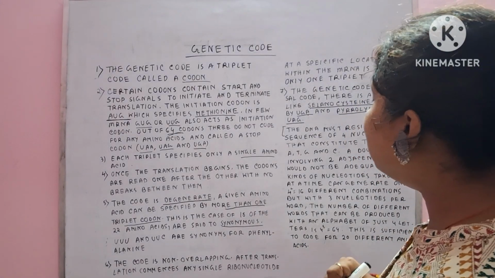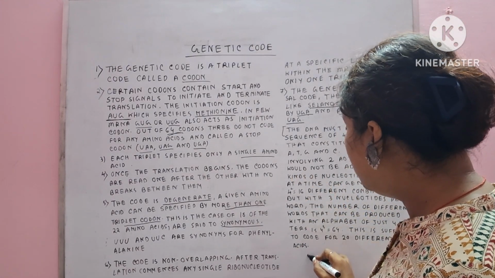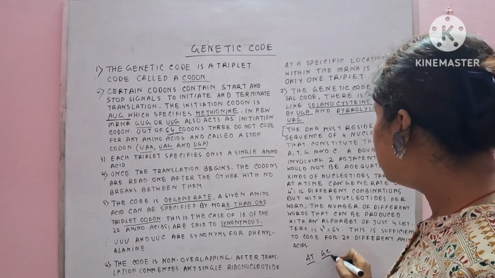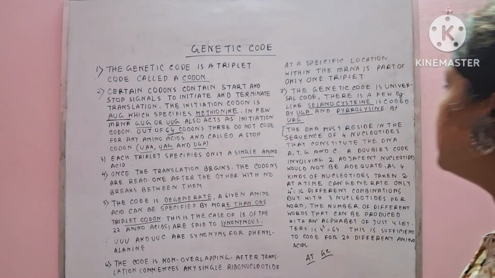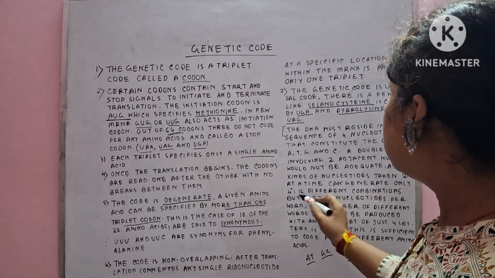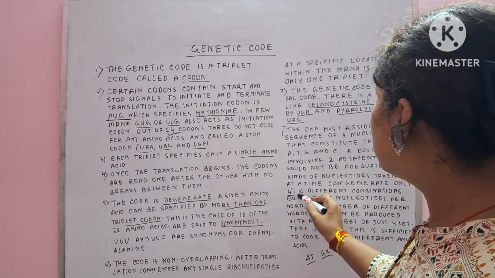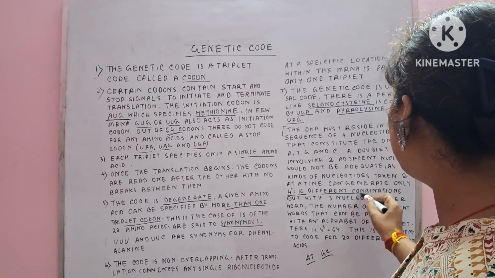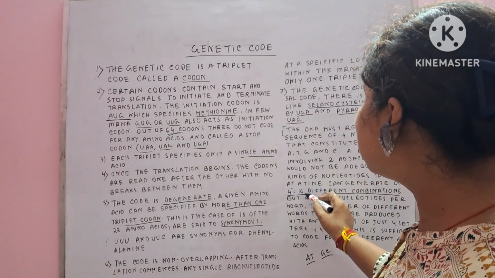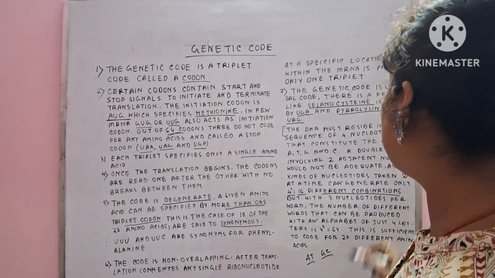If they remain in a doublet way, not a triplet, they can generate 4 squared equals 16 different combinations.